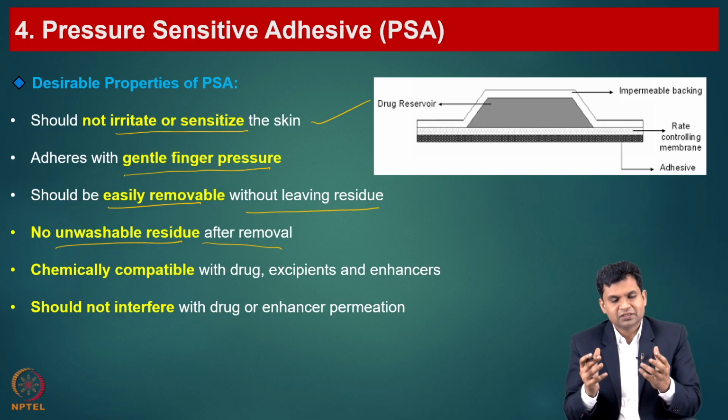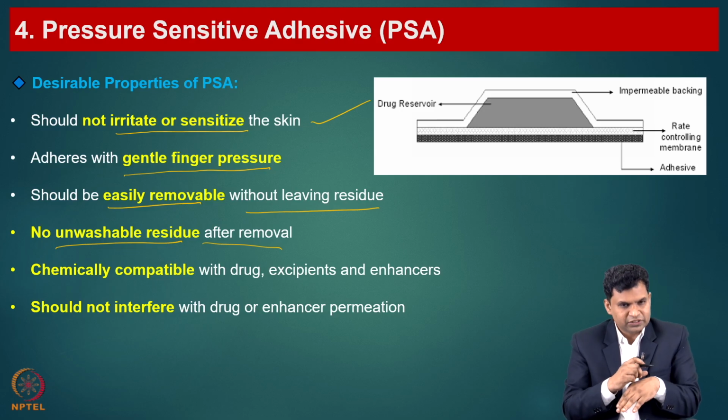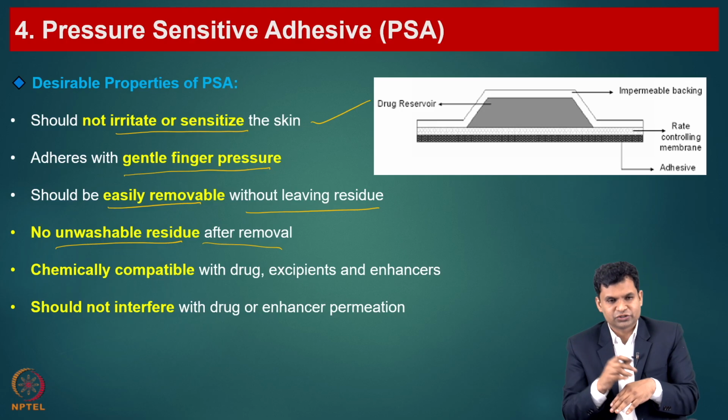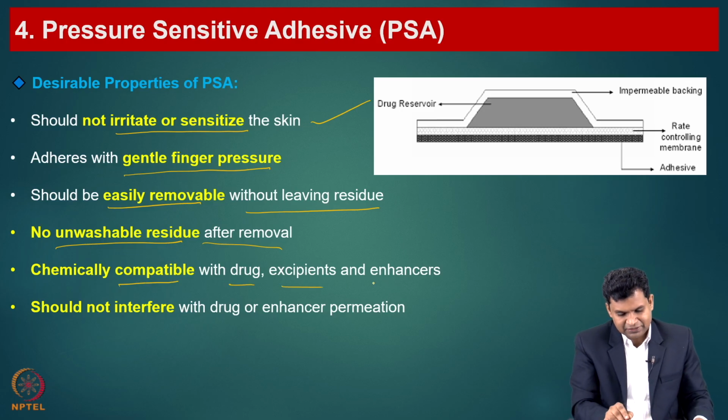Sometimes there are polymers, solvents, or adhesive membranes that may stick and adhere to the skin because of their adhesive properties. So, it should be easily washable and chemically compatible with the drug, excipient and other enhancer. This is an important parameter.